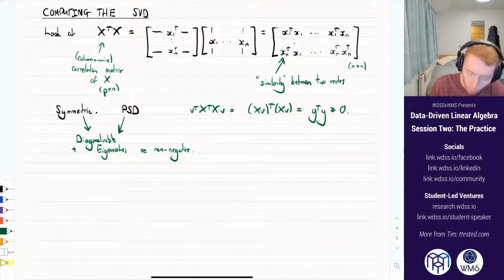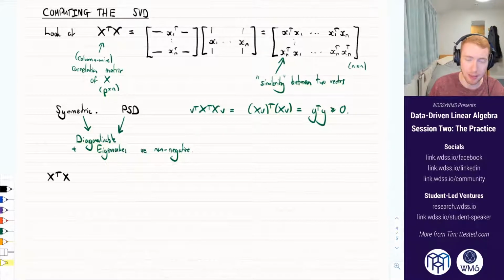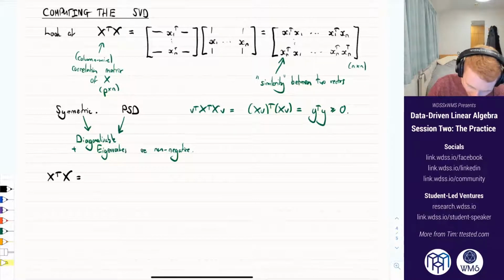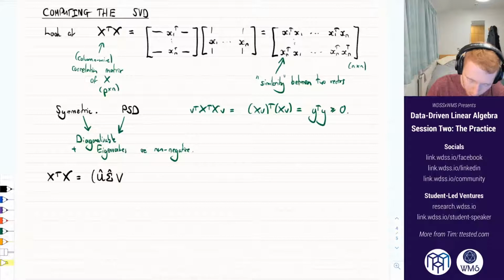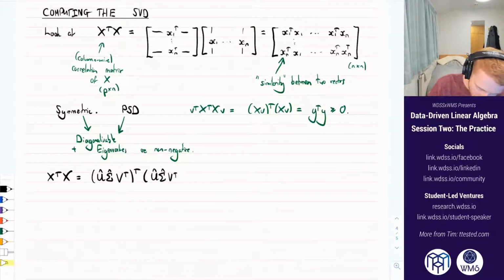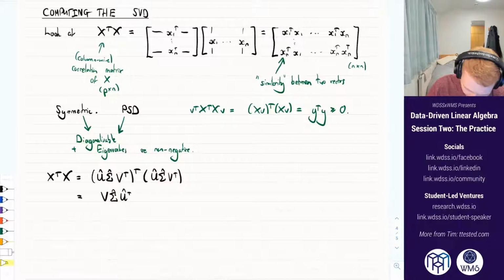So what we're going to do now is look at x transpose x, but using our singular value decomposition. Specifically, we're going to use the economy SVD. So x transpose x is (u hat sigma hat v transpose) transpose times (u hat sigma hat v transpose). We don't need to make v economy, it's already the right shape. Taking out that transpose, we have v sigma hat u hat transpose, then u hat, then sigma hat again.